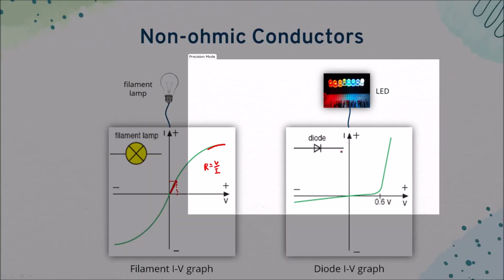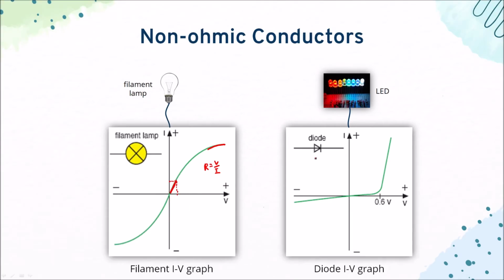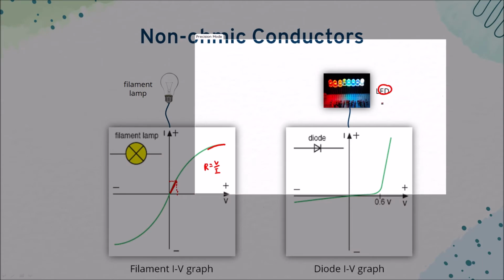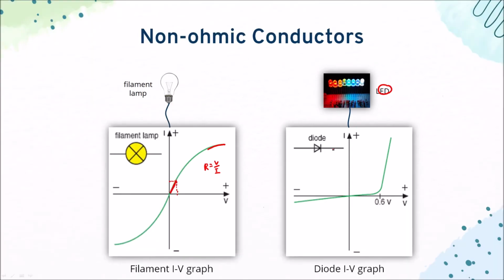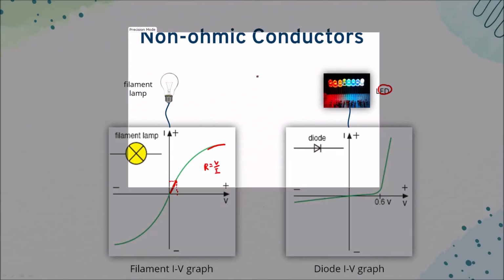Another type of component that is non-ohmic is the diode. There are many different types of diodes, and one of the common ones we talk about is the LED. The LED bulb only allows current to go if the current is flowing in the same direction as this arrow over here. Let me draw out a circuit to explain.